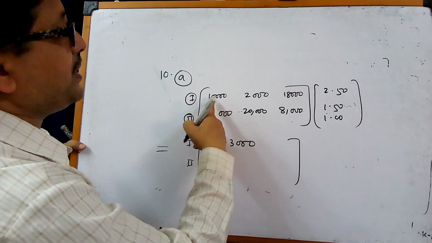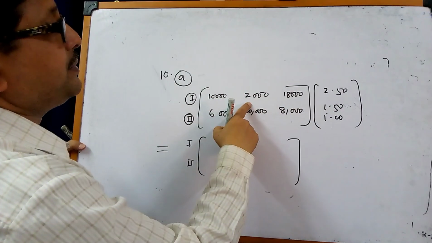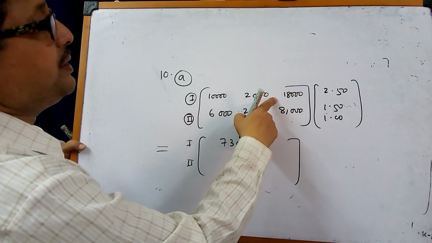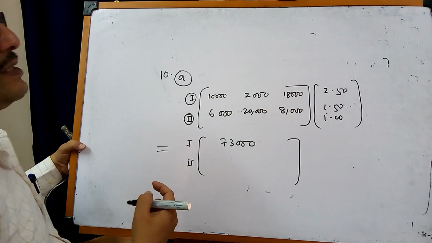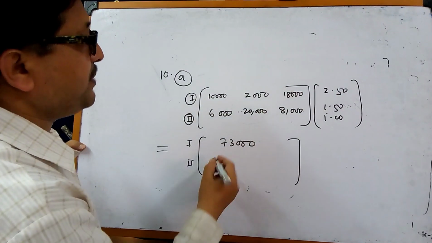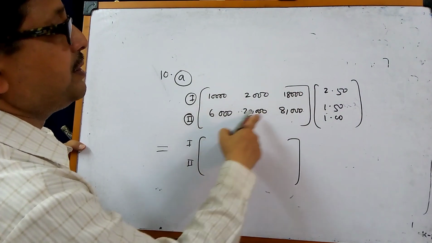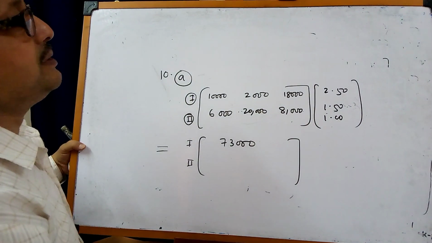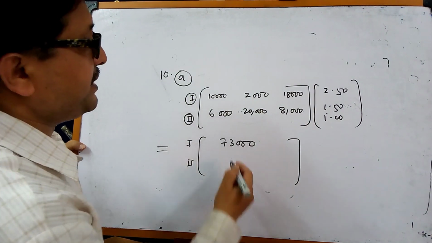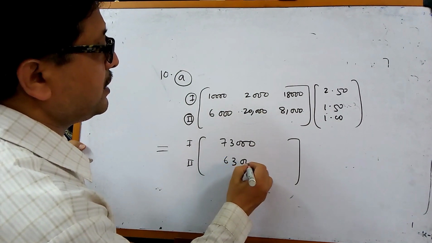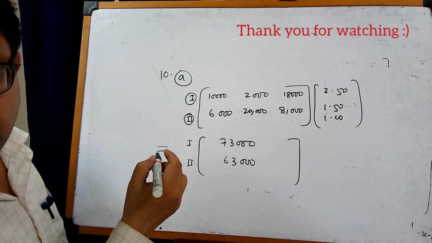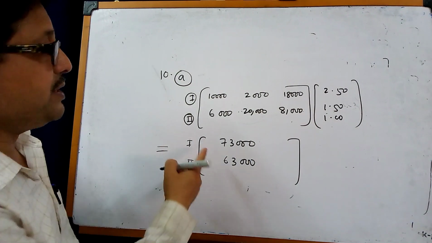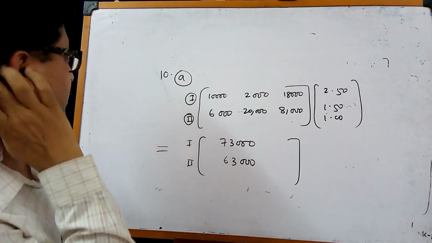This by this, row by column. And here 6,000 and 2.5, that is 15, plus 30, 45, plus 8. So here you got the answer. That is, total revenue for the first one is rupees 73,000, and for the second one is 63,000.